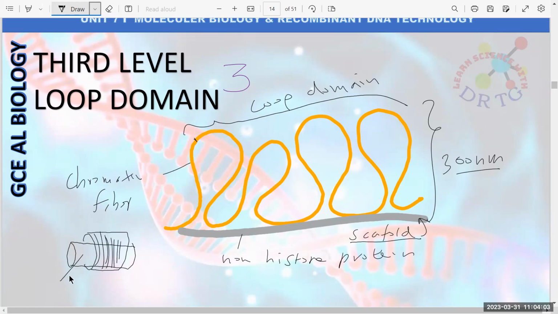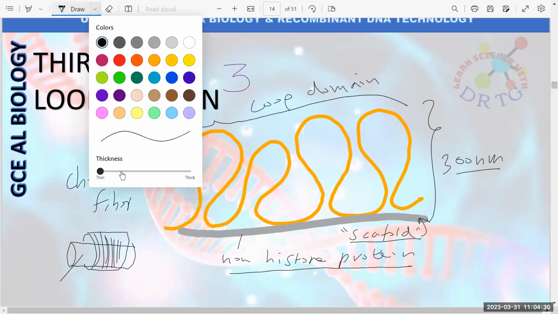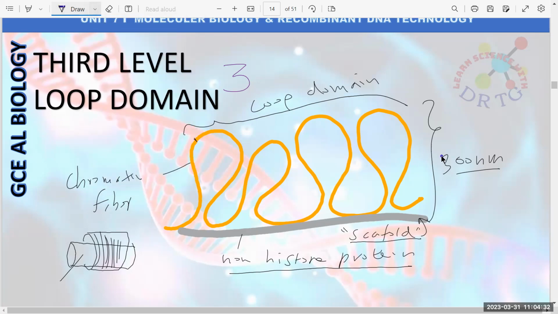This white color or any color of plastic is the scaffold that is used to provide support. So this word scaffold indicates a supportive protein. They are non-histone proteins. So it provides a kind of support that the loop can make on it. And the diameter is now 300 nanometer.